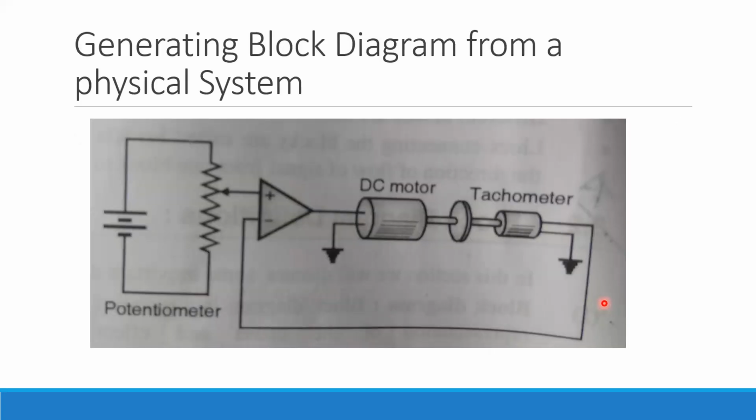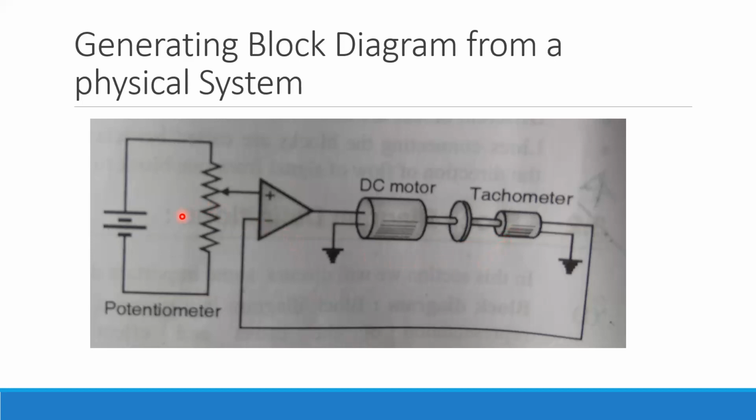Now let us see how a block diagram is generated from a physical system. We have to consider this physical system. It has a potentiometer shown here, then there is a differential amplifier. This is the symbol of the amplifier. Then there is a DC motor which is coupled to a tachometer.